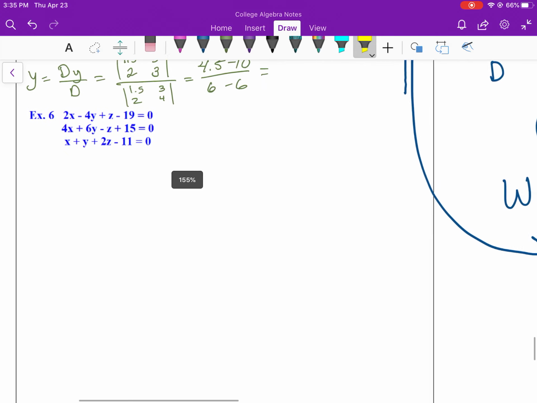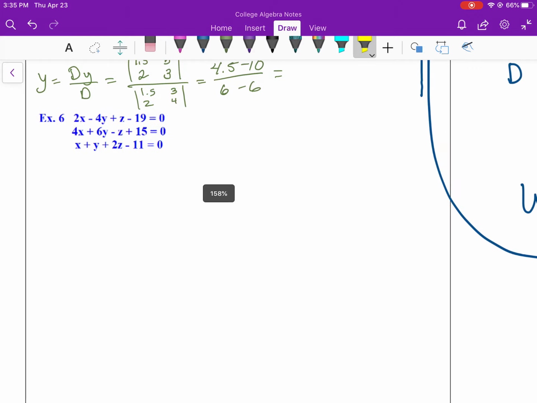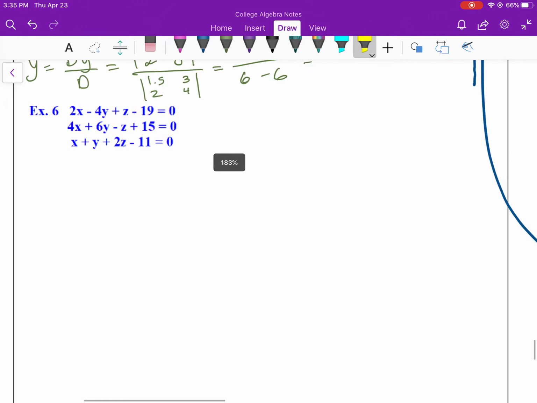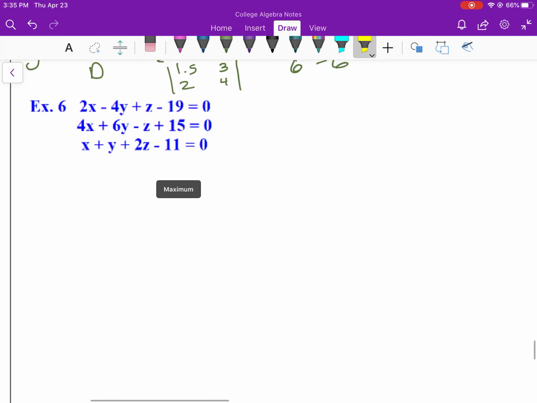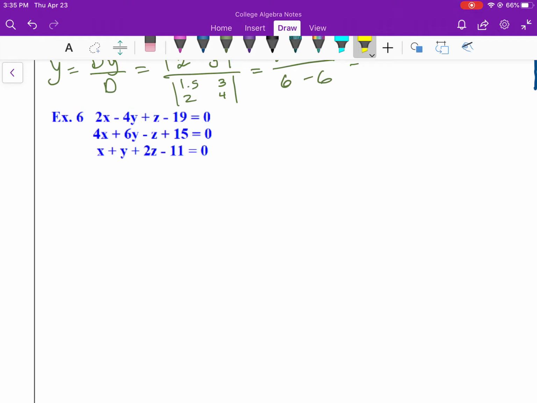The last thing we're going to look at is what to do when you have a 3 by 3, or a system of 3 equations and 3 unknowns. This is the biggest kind of problem you're going to see. And the first thing we're going to do is move all of these constants to the other side.